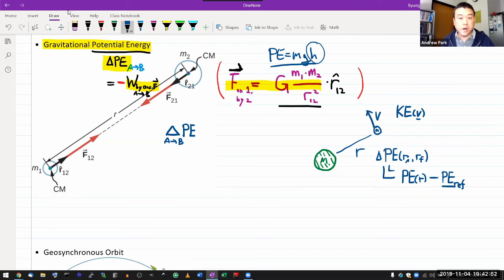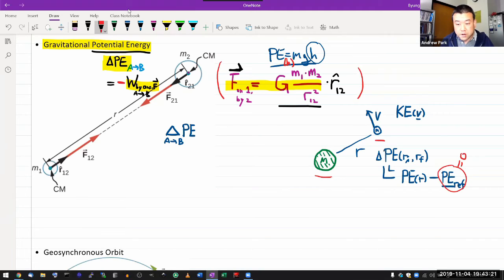The point where h is 0 is our reference point. Whatever the potential energy is at that point, that's our reference potential energy, and we set it to be 0. That allows us to talk about potential energy as a function of just height, because height is measured in reference to something. We would like to be able to do something similar here.